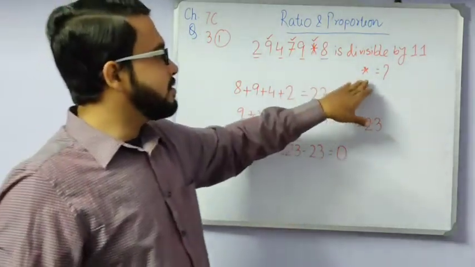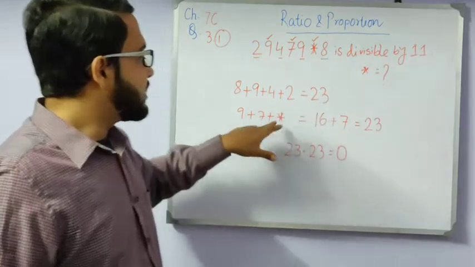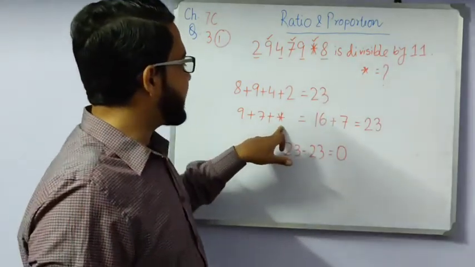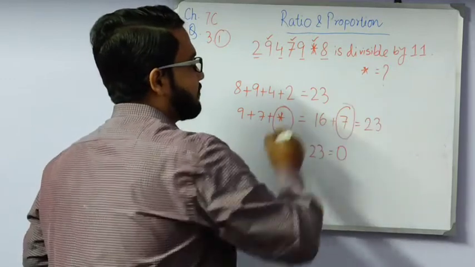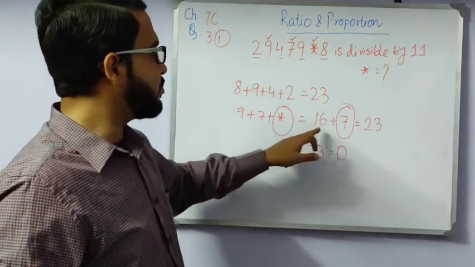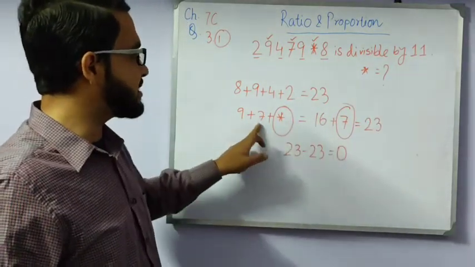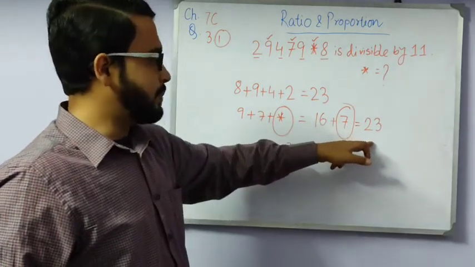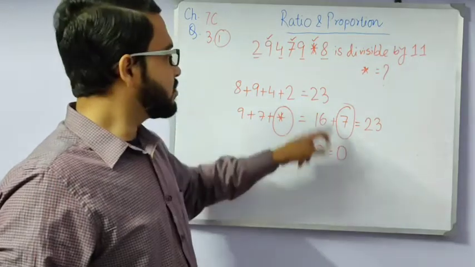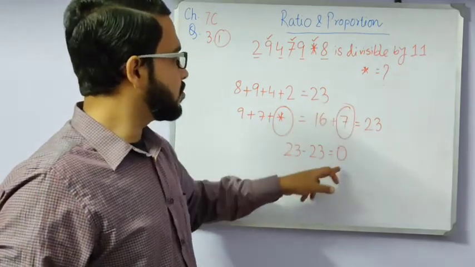So here we find out the value of star. The value of star is 7, because if we add 7 with this 16, means 9 plus 7 is 16, plus 7 we get 23. So subtracting these two, we get 0.